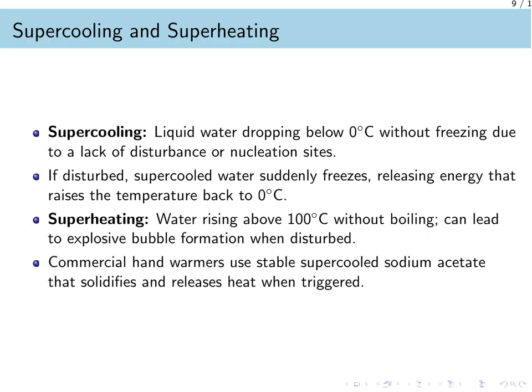Similarly, superheating occurs when water rises above 100 degrees without boiling, which can lead to explosive bubble formation if disturbed. This principle is used in commercial hand warmers, which contain a stable, supercooled solution that solidifies and releases heat when you trigger a small disk inside the pouch.